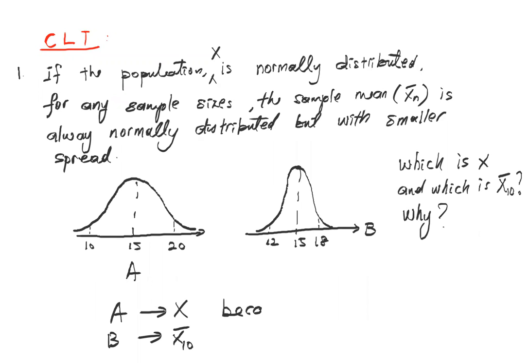Because the spread of B is smaller. See or not? Both are normal. You get what I mean? So that is the first thing.